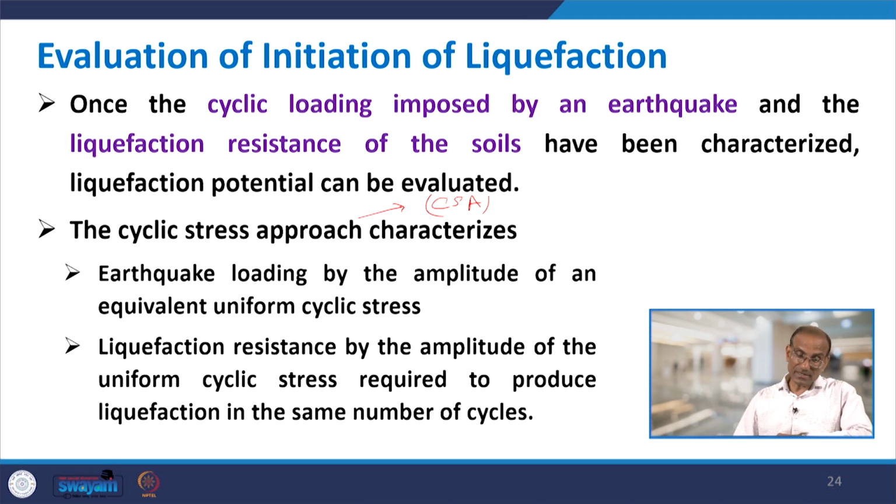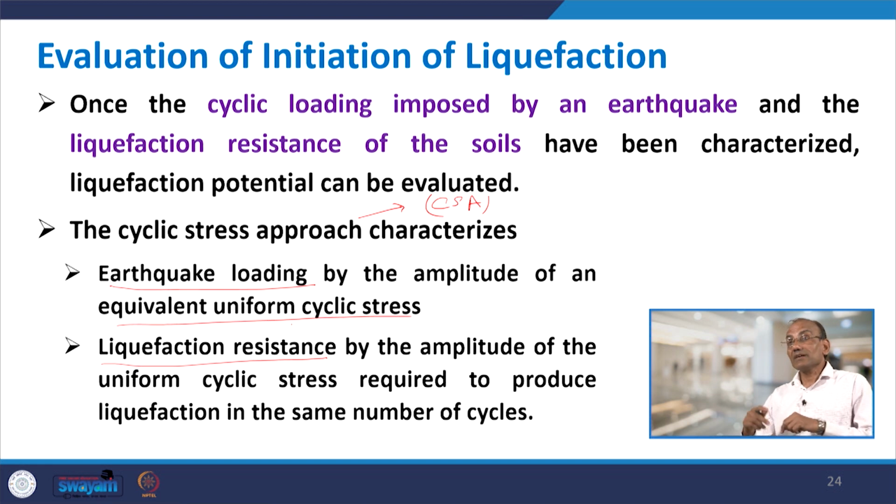In the first step, earthquake loading is represented by the amplitude of an equivalent uniform cyclic stress. This is done using two methods: ground response analysis or the simplified procedure given by Seed and Idriss. The second step is liquefaction resistance of the soil, which is characterized by the amplitude of uniform cyclic stress required to produce liquefaction in the same number of cycles.